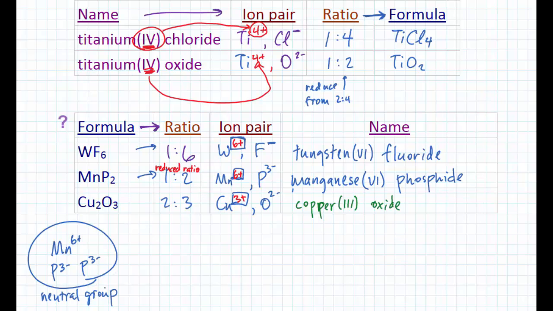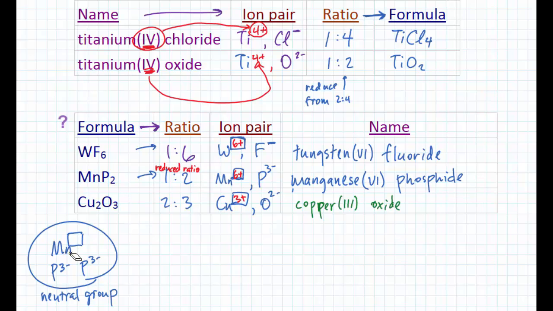See how that works? What we were figuring out, the unknown, was right in there. We know P is 3 minus. We know we have 2 of them, so I'm going to draw 2 of them. I know I have 1 of these manganese ions. What charge has to be in that box to make this group neutral?